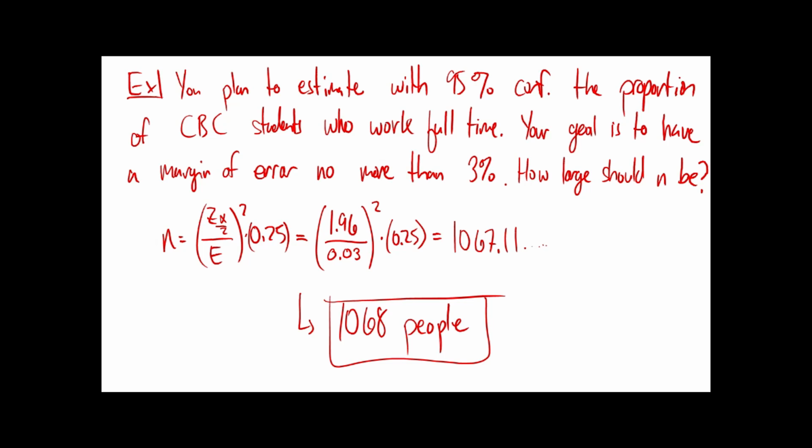So let's say you actually did this experiment. Based on this, you go out and actually take the sample, and you manage to get 1,068 people. Let's say that you go out and you actually got those people.